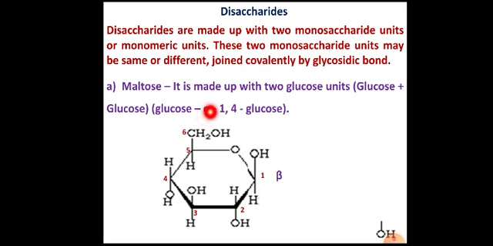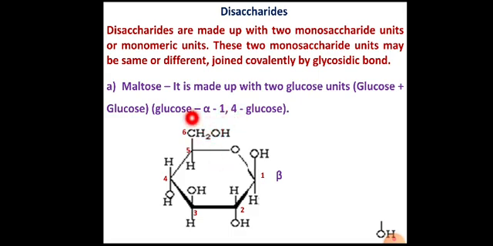That means the conformation around the first carbon atom of the first glucose molecule should be alpha. 1 and 4 indicate the numbers of the carbon atoms involved in the formation of the glycosidic bond.